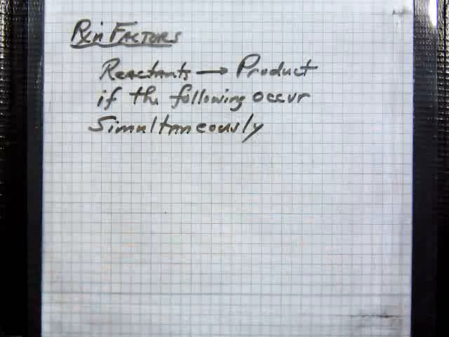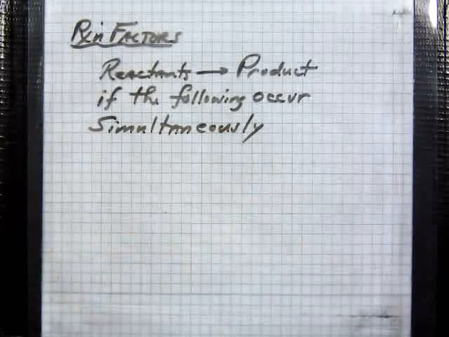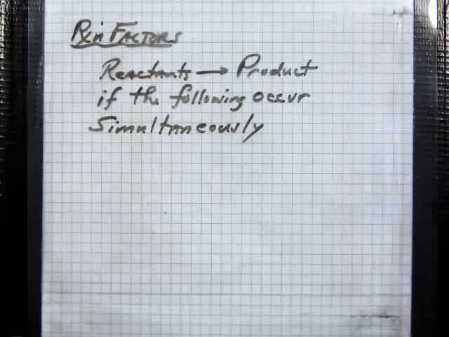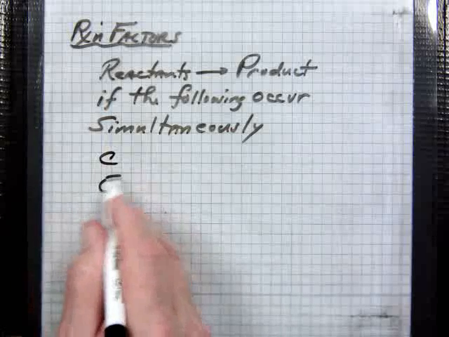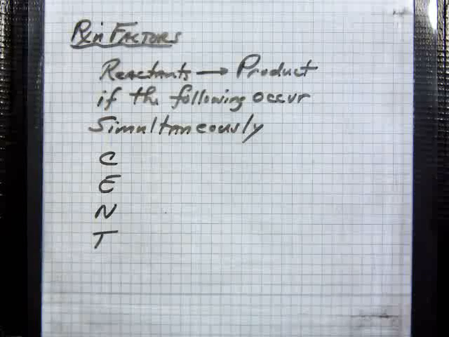Now, don't get this mixed up with the rate factors that you can't see, but I use an acronym here, CENT. So these are reaction factors, not rate factors. Reaction factors is CENT.